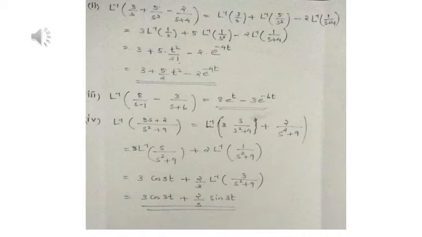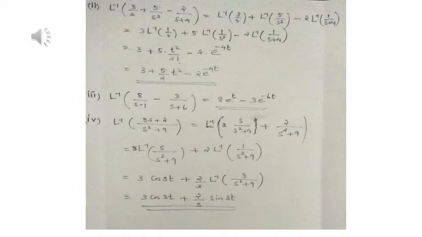We know L inverse of 1 by s minus a is e raised to at. So here a is minus 4, so the answer is e raised to minus 4t. So the answer is 3 plus 5 by 2 into t square minus 2 into e raised to minus 4t.